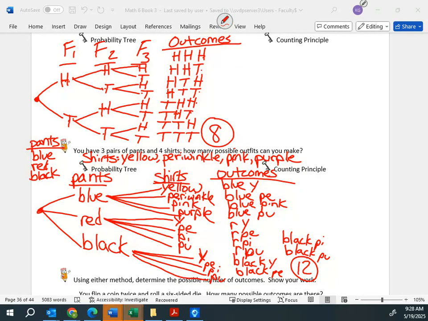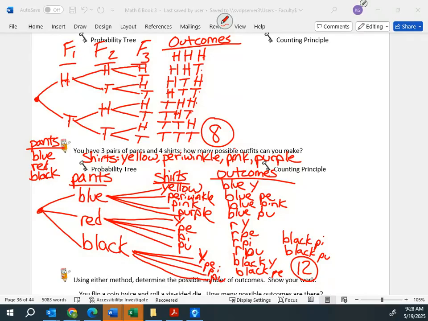Now, we would want to use the probability tree when we want to see those specific combinations. How many blue choices are there? How many outfits would have pink in them? We can see all of those different outcome choices.